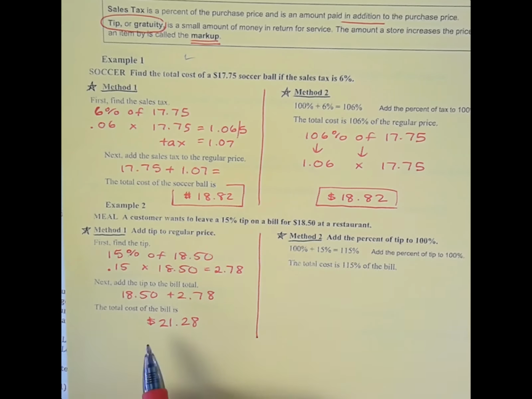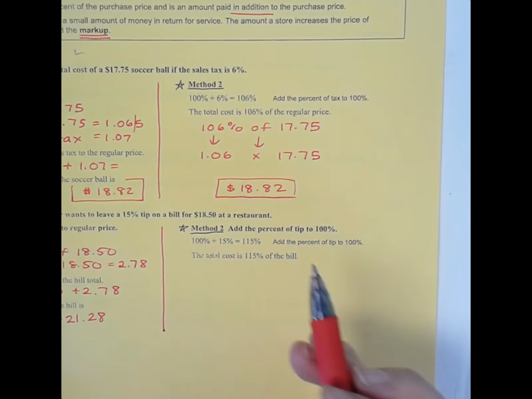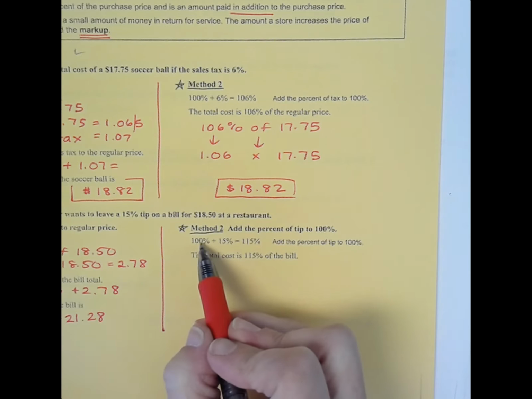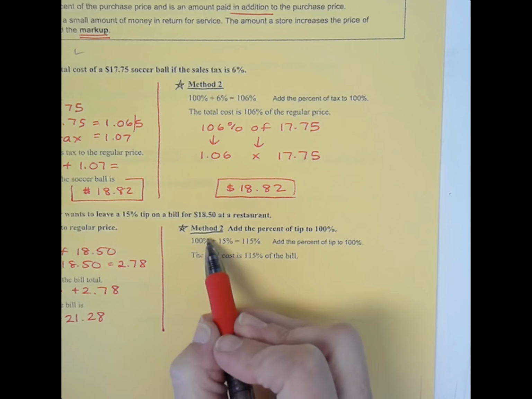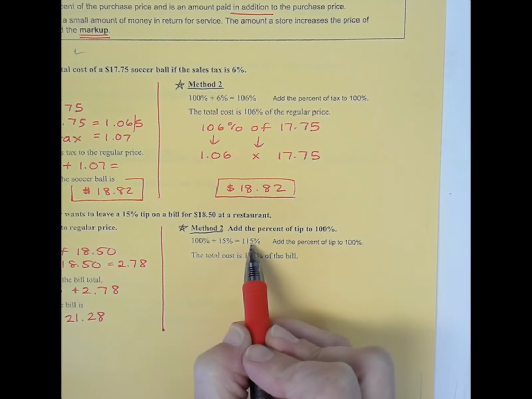Okay, so that's what we did before, finding 15% and then adding the tip onto the cost of the meal to get the total cost of the bill. But let's do the same thing using that quick method. We're going to pay 100% of the meal plus an additional 15% for tip. So really we are paying 115% of the bill.